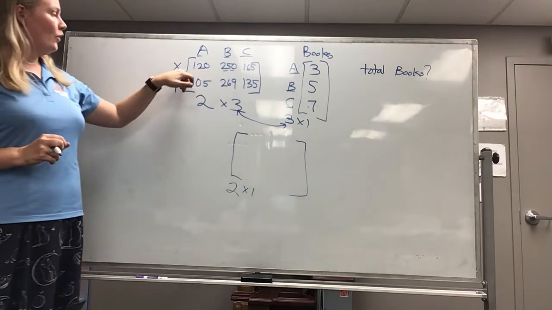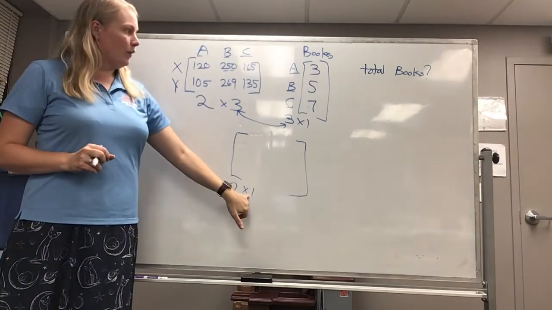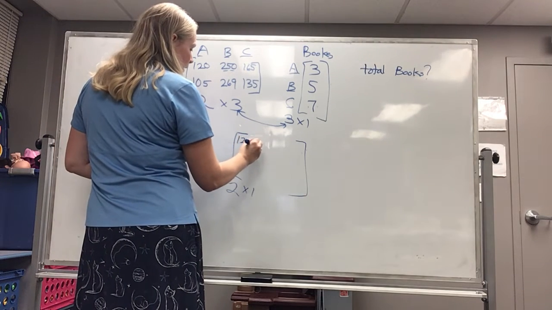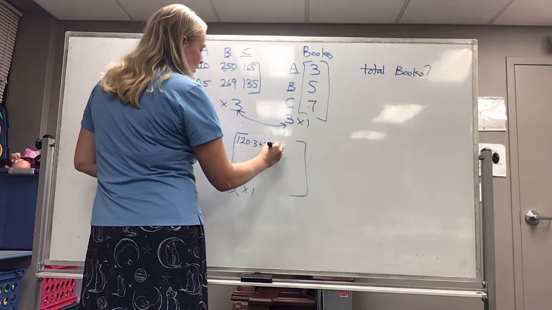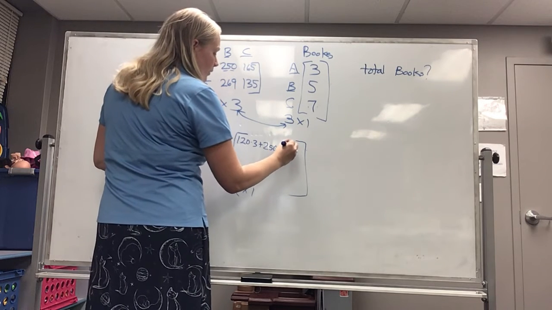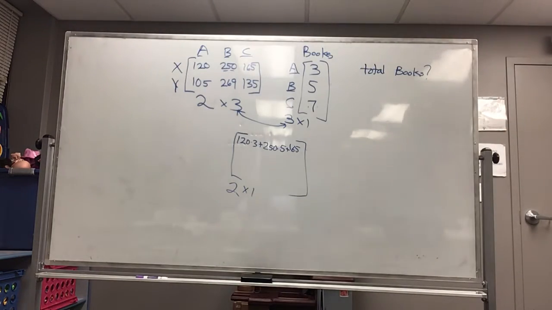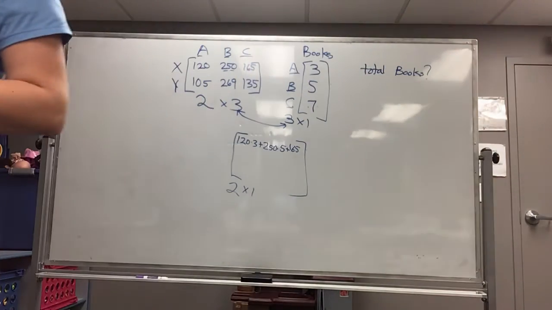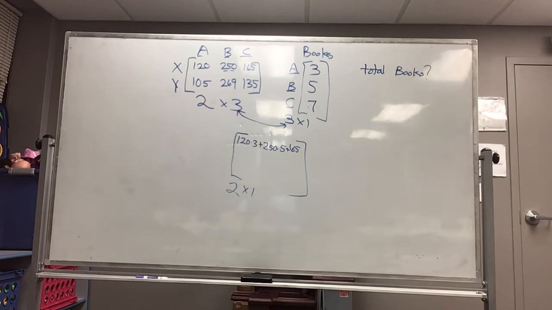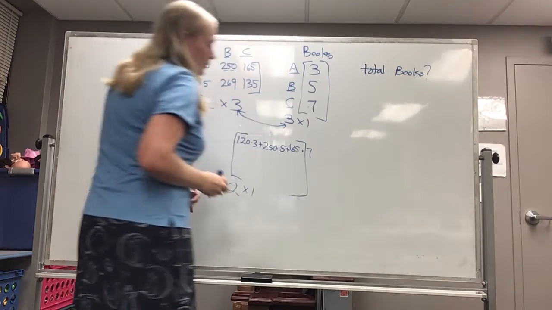And so for the first row and the only column, because we only have one, we are taking 120 times 3 plus 250 times 5 plus 165 times 7.